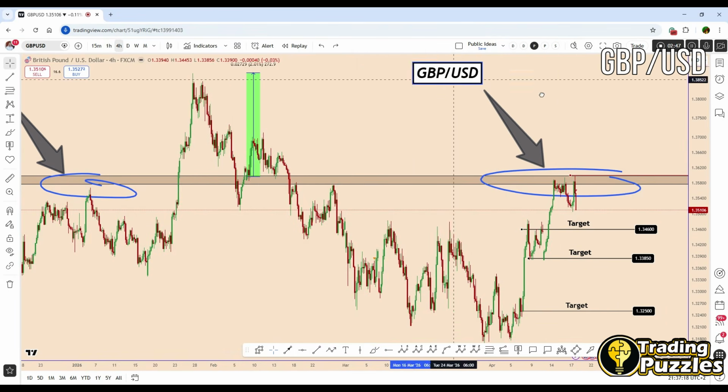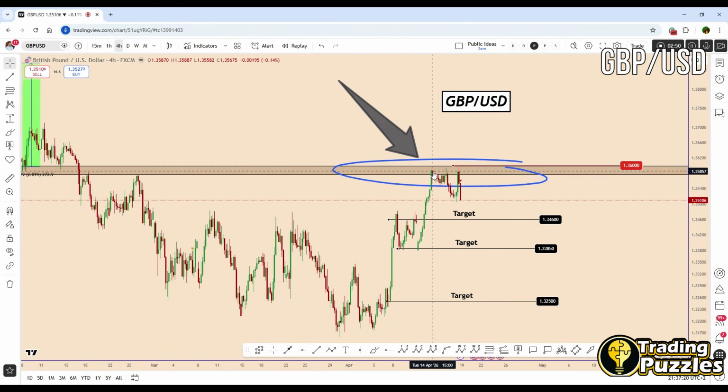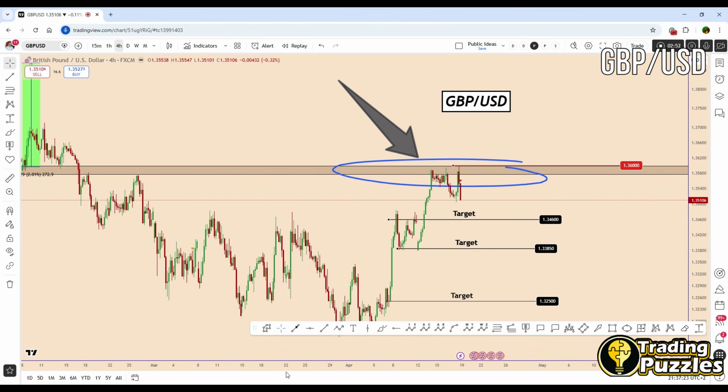What is very interesting on this part is that during the last days, from Thursday to Wednesday, as you can see, it was on Wednesday here, the price was all week in this zone.